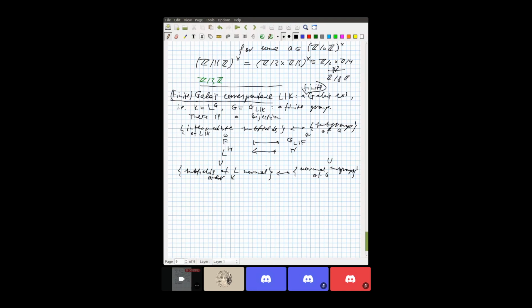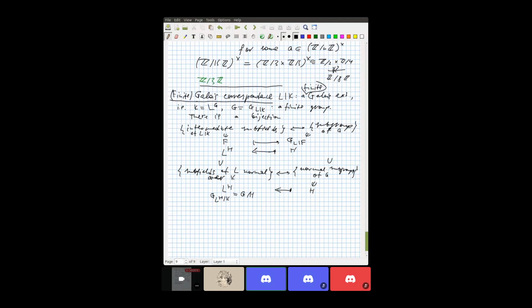So what happens if the subgroup is normal? Then this subgroup goes to the fixed subfield, and the claim is that the Galois group of this fixed subfield over K is just the quotient of G by H. So this is a Galois extension.